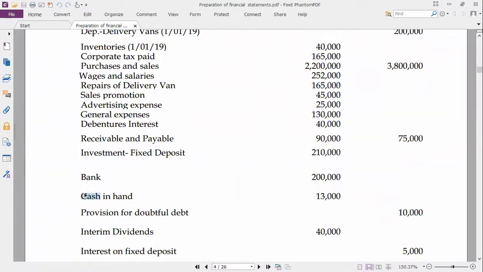This is the cash balance, 13,000. Good. So the cash balance here is 13,000. So add it to it.